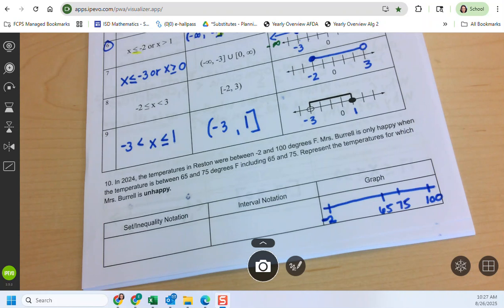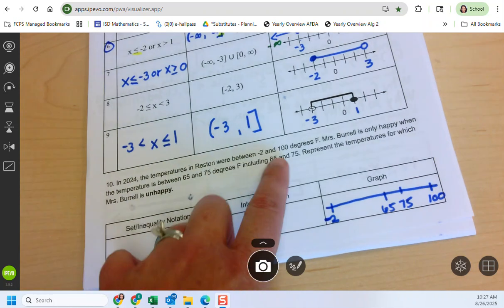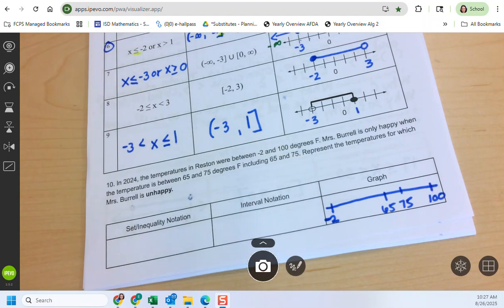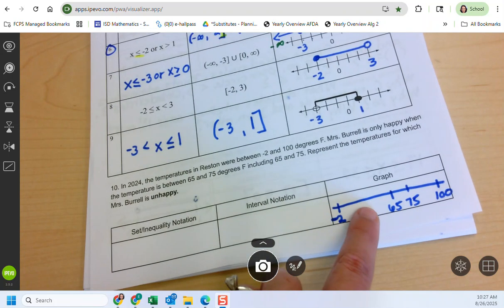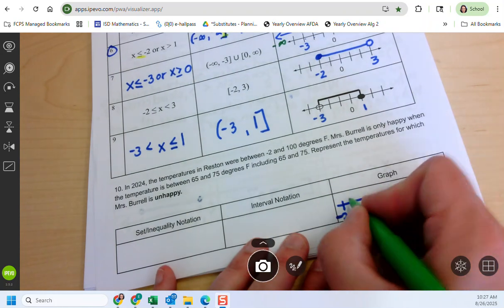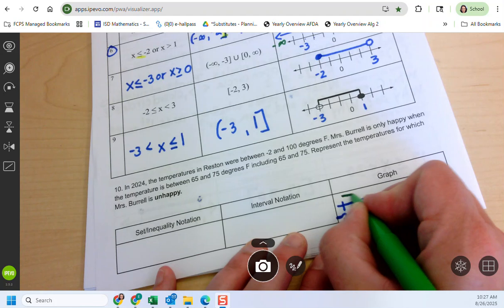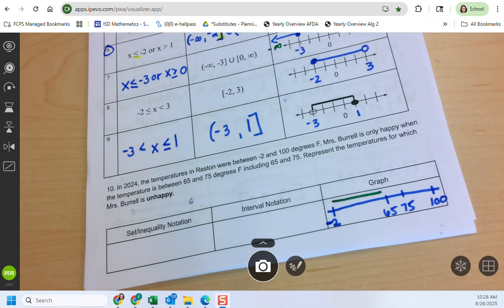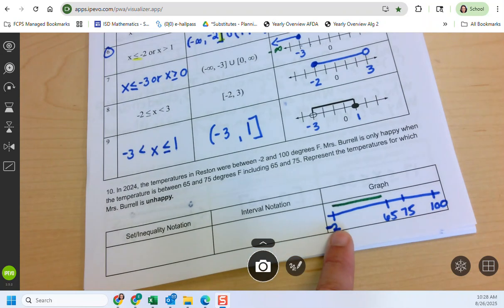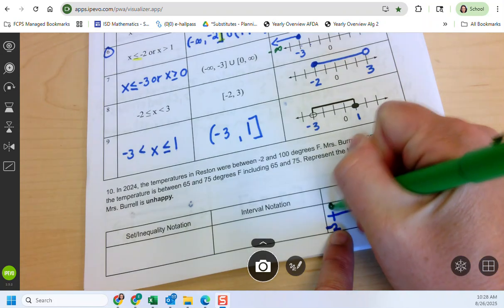All right, so if I am happy when the temperature is between 65 and 75, including 65 and 75, I'm unhappy at the other temperatures, right? So I'm unhappy at -2. I'm unhappy at all of these temperatures until we get to 65. So I have this line here. Am I including -2? Am I unhappy at -2? Yeah, I'm including that one.